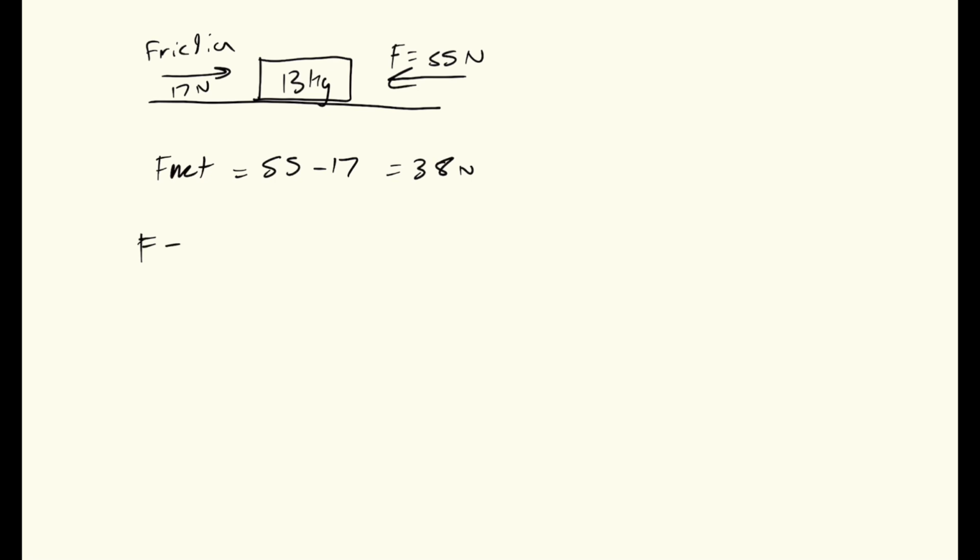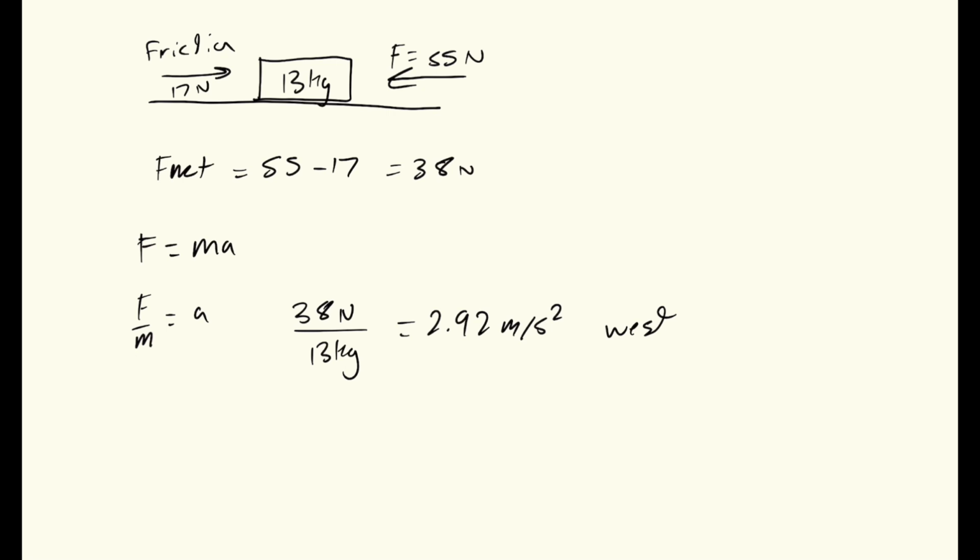So F is equal to ma, F over m is equal to a. We go 38 newtons over 13 kilograms, and that is equal to 2.92 meters per second squared west, or to the left.